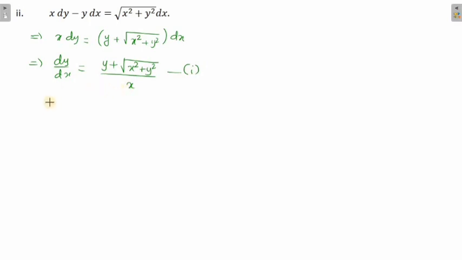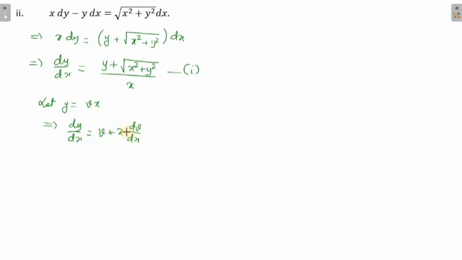So let y equal to vx. Let me take this substitution. From here, by differentiation, you get dy by dx is equal to v plus x dv by dx.